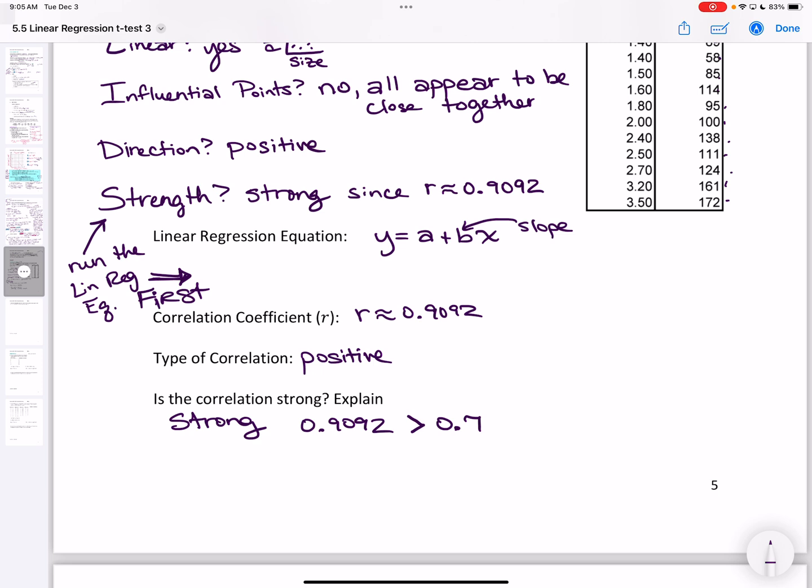Okay, did you get y equals 38.8847 plus 35.38596x? Yes.